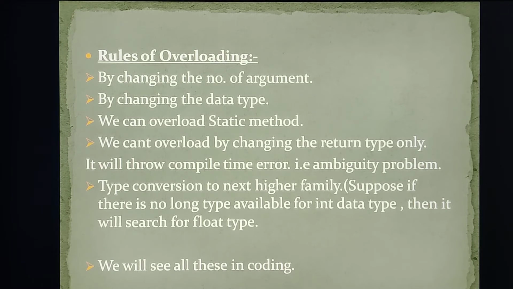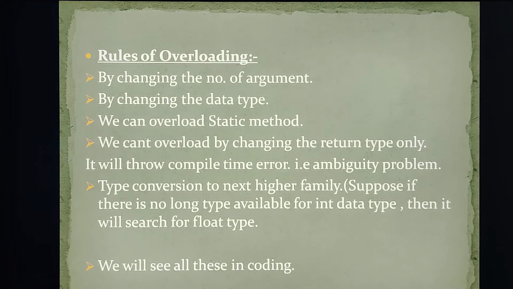Then the JVM goes to the higher family, long. It asks the class, is there any method having a long data type as argument? No, there is no method of long data type in our class.